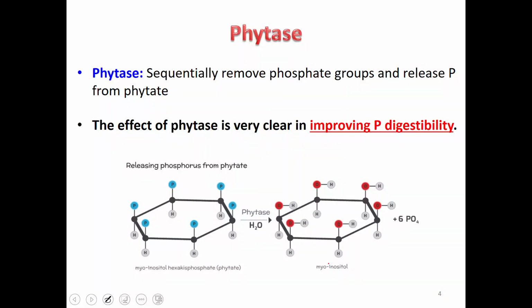So in order to improve phosphorus availability and reduce the anti-nutrient effect of phytate, we use phytase enzyme.